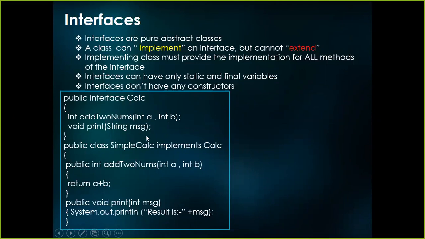But whichever class wants to implement these two methods can implement this interface. Public class SimpleCalculation implements Calculation. Now inside this class, I'm providing the body for these two methods. Int add two numbers, return a plus b, void print, and the result is this message.